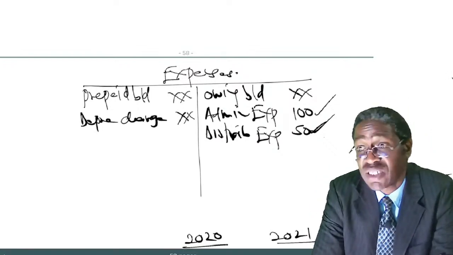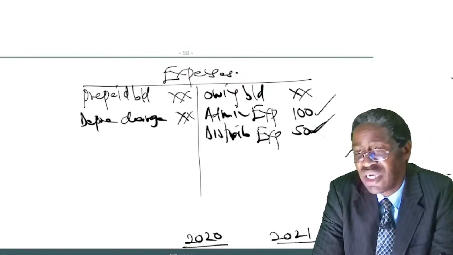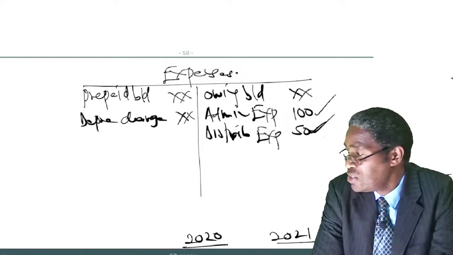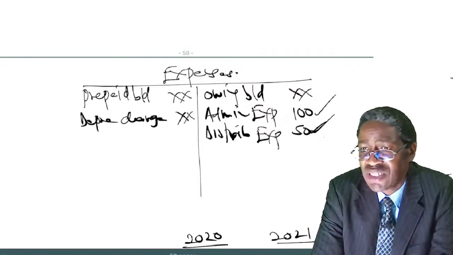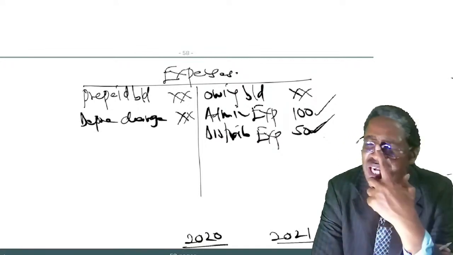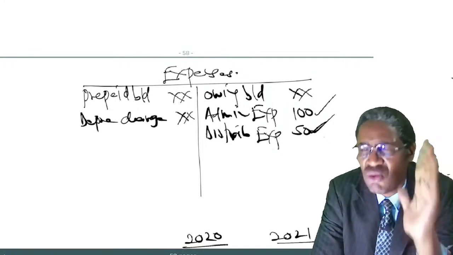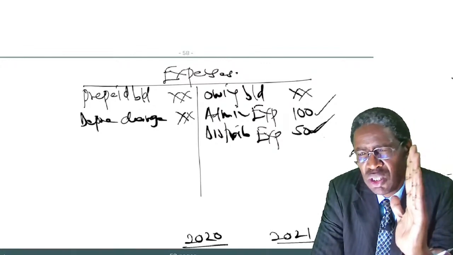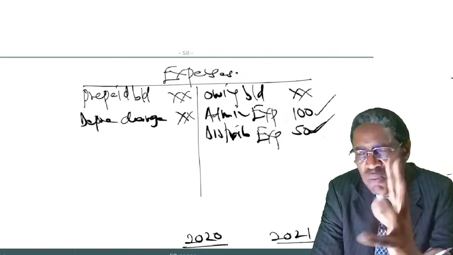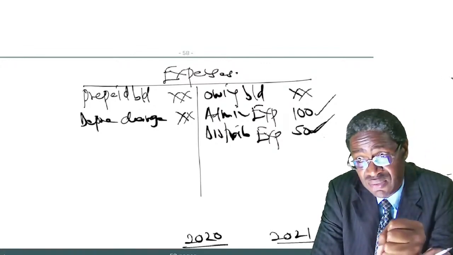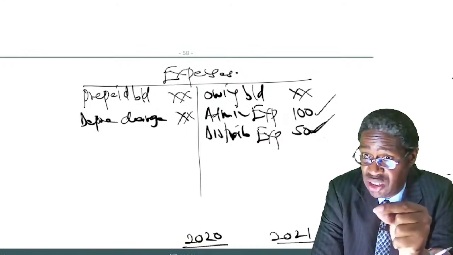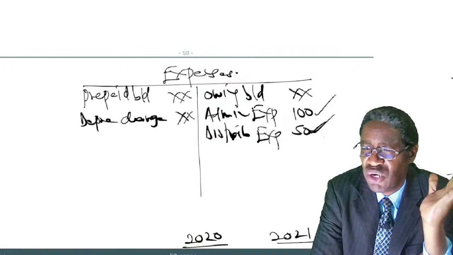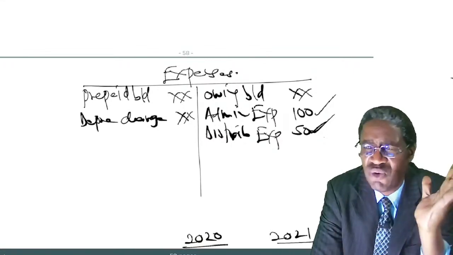Somebody chat now and give me a few examples. There are too many examples of expenses that your company could have incurred and which don't involve cash, but you must have put them somewhere, yet they are not involving cash.